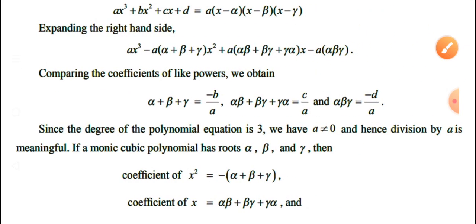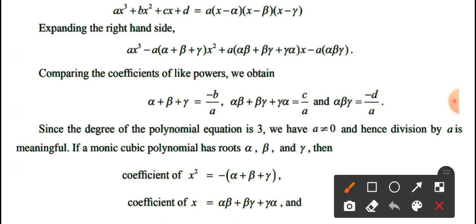Thus, we have alpha, beta, gamma, 3 roots. So, ax cube plus bx square plus cx plus d is equal to a into x minus alpha into x minus beta into x minus gamma. Okay.